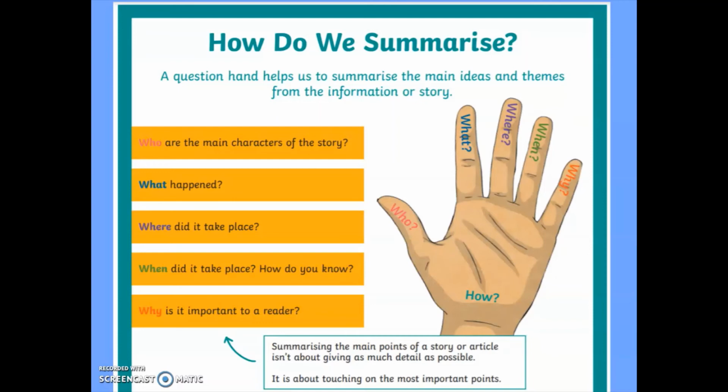For this, you need to be thinking about why people might read this leaflet. They might want to be healthier. They might want to make changes to their lifestyle. When you are summarising a text, you need to think about these 5 points and try and get the most important bits.